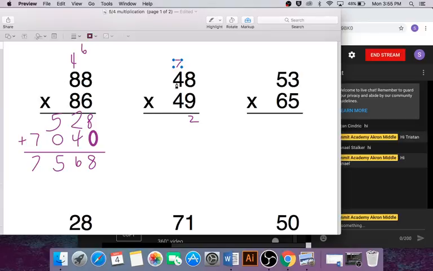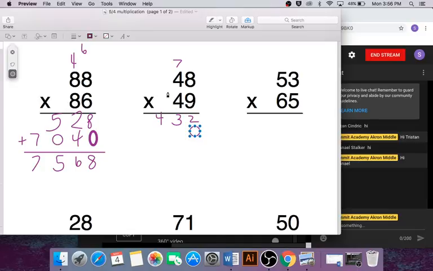Now we have 9 times 4. 9 times 4 is 36. Plus 7 is 43. Okay, we're going to move over to the 4. So we're going to put a 0 to hold our place.